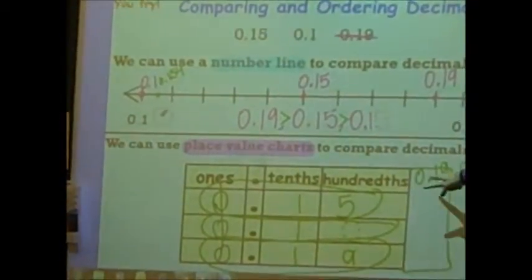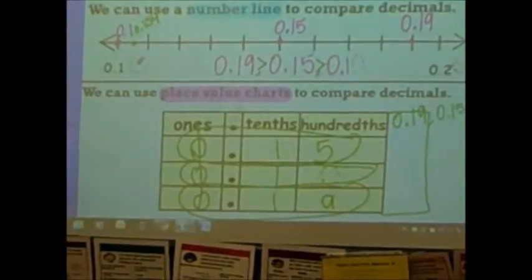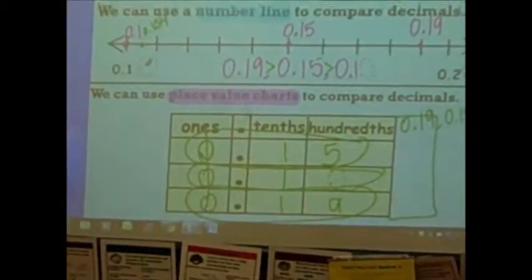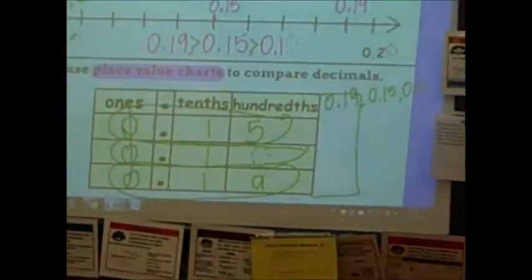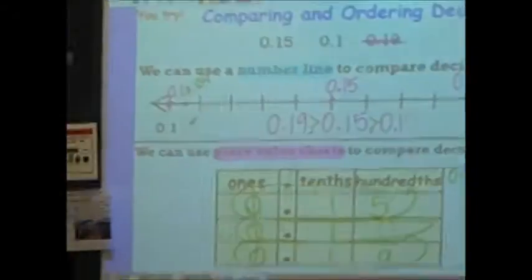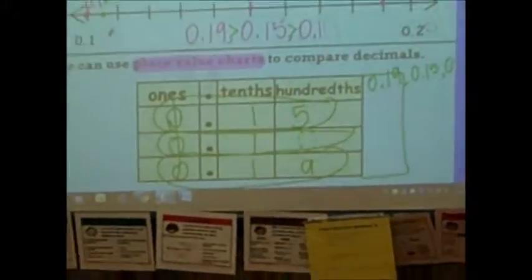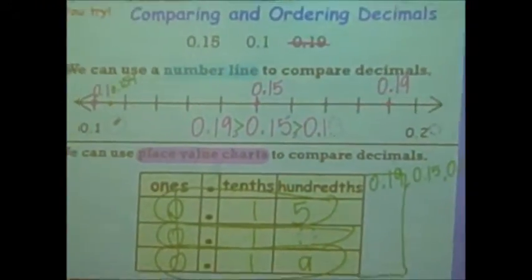Would you still use the place value chart for thousandths? Yes, the place value chart is going to be the most helpful. It makes comparing even easier because it's more concrete and lets you organize your numbers. The number line is more to understand the value of the number and where it would sit on the number line.